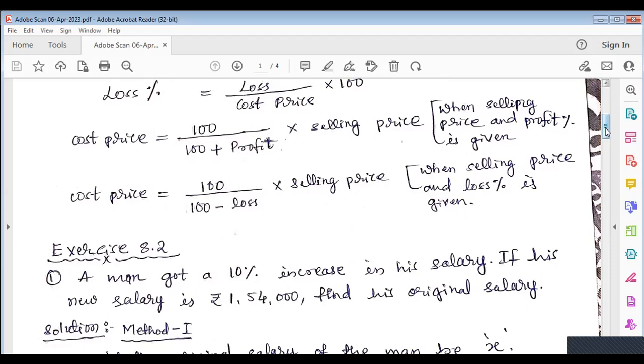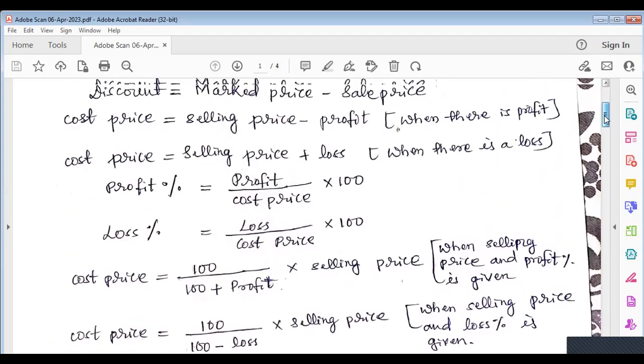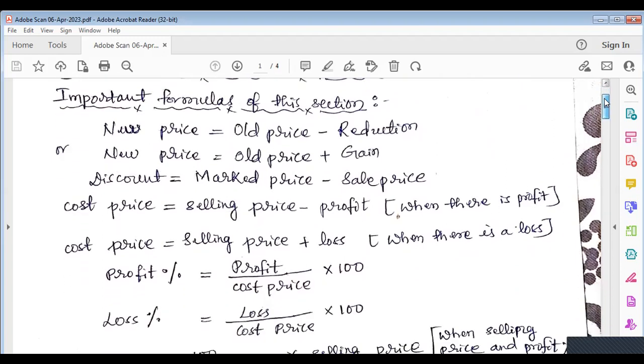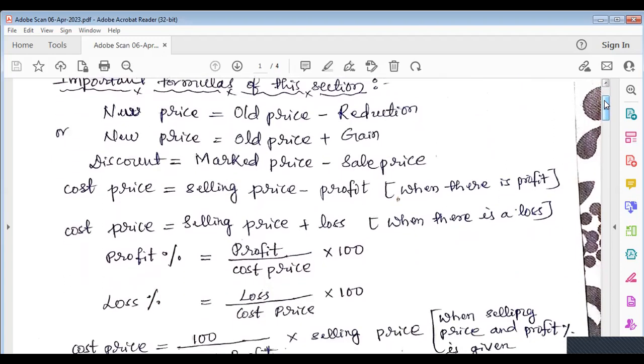So these are some primary formulas which we have to use during the solution of a particular problem, and you have to identify which of these formulas are useful for a particular problem.